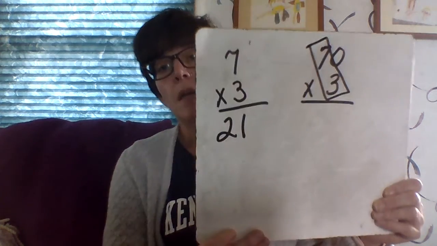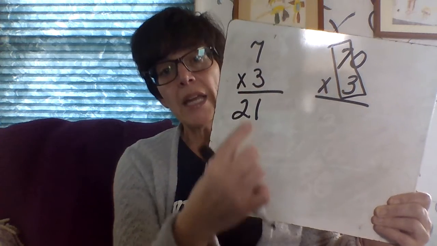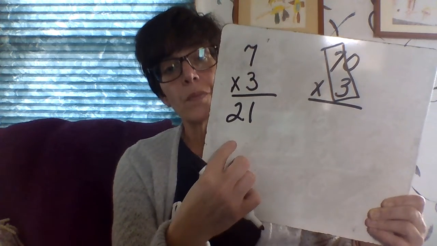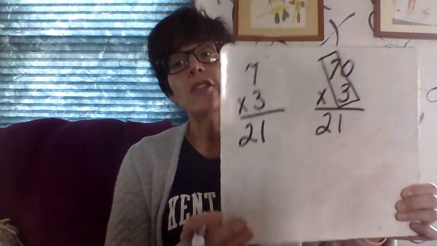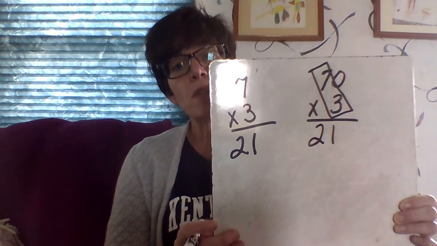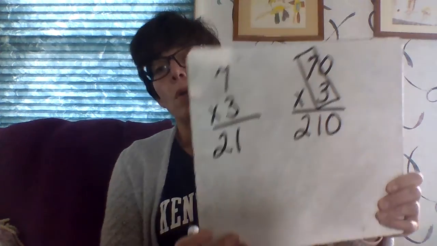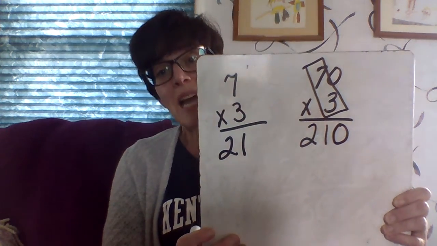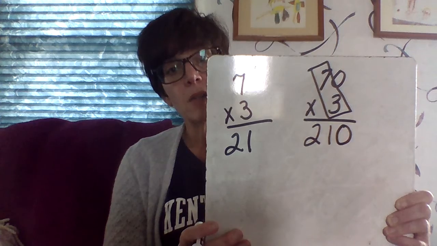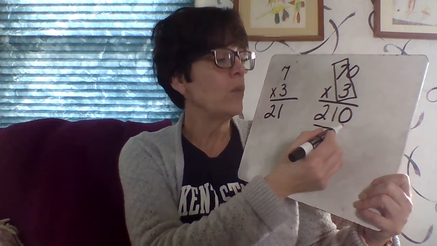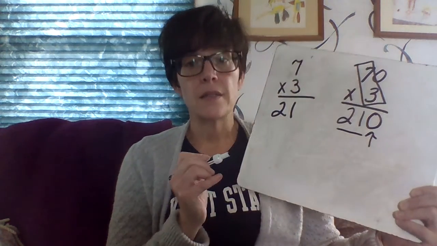I know that 7 times 3 is 21. So I'm going to write down that basic math fact, and just like I did with my other factors of 10, I'm just going to bring down the 0. So 70 times 3 is 210, or I could think of it as 21 tens.